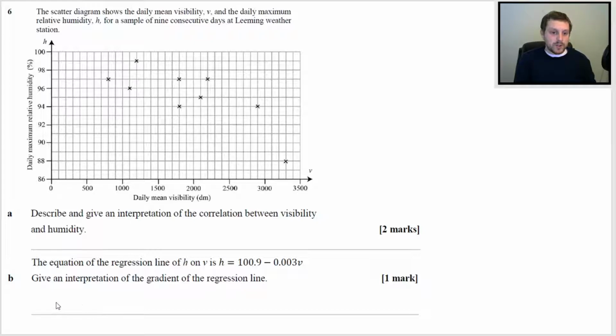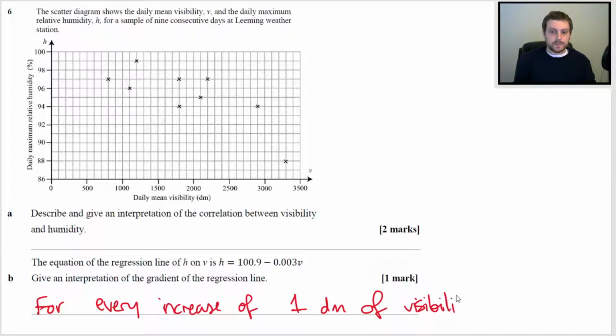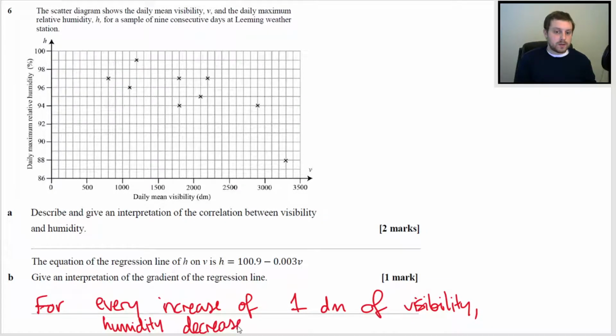So you just say something like, and I'll actually write the answer in, for every increase of 1 dm of visibility, humidity decreases by 0.003%.